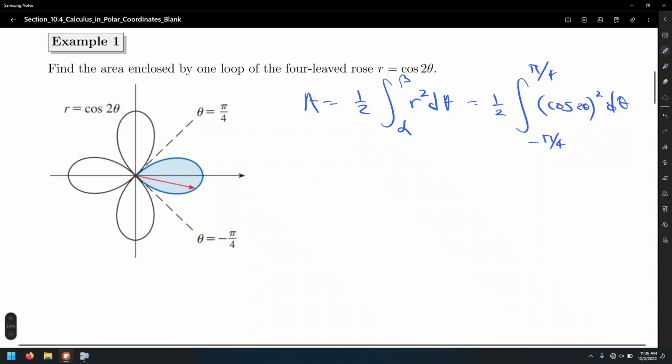I'm just going to clear the parentheses here. Negative pi over 4, and that's cosine squared 2 theta d theta. All right. We'll talk about the method of integration for this one. However, let's look at the geometry behind it first.